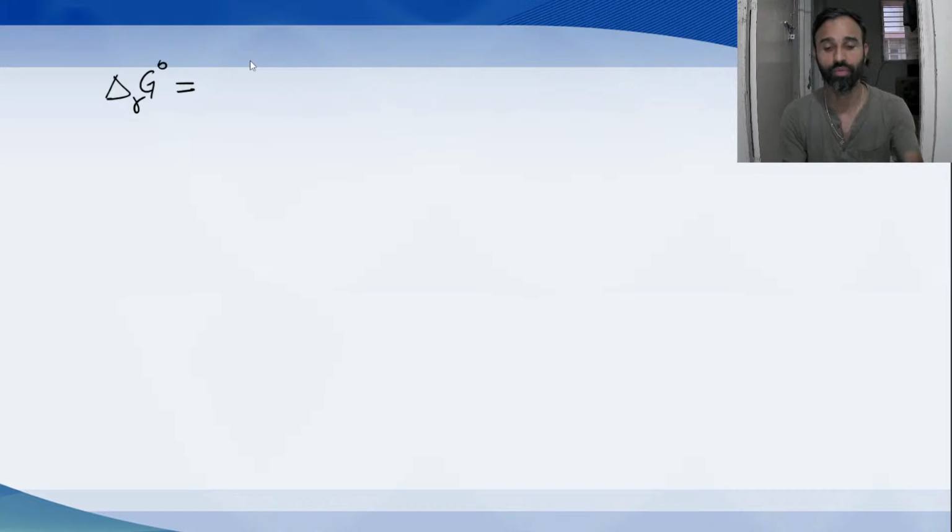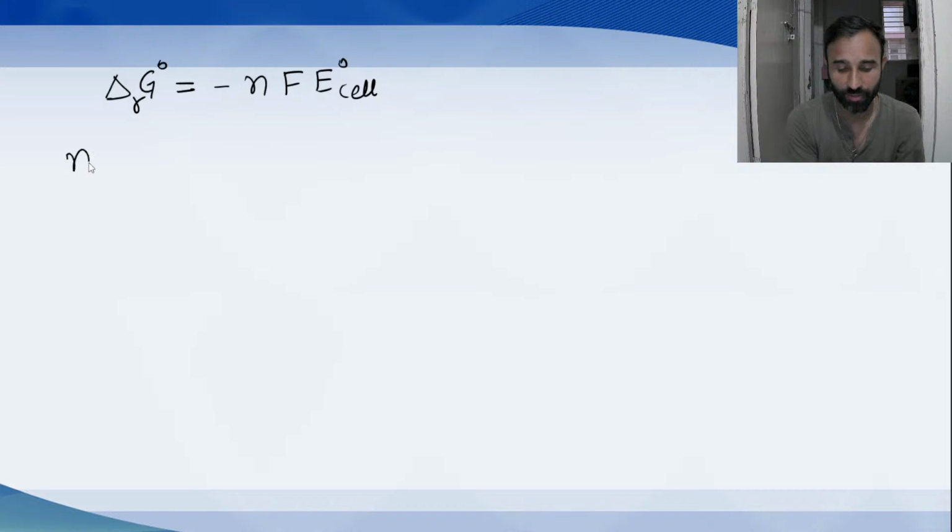What is the relation between E naught and delta G naught? Delta G naught equals minus nF E naught cell. This is the relation. Delta G naught and E naught cell are related like this.